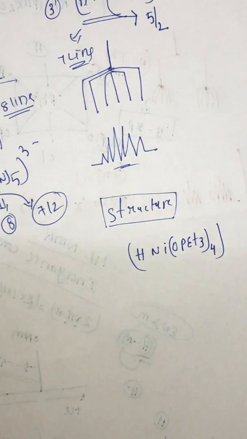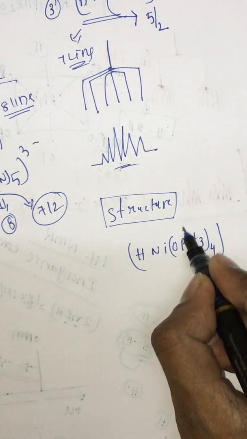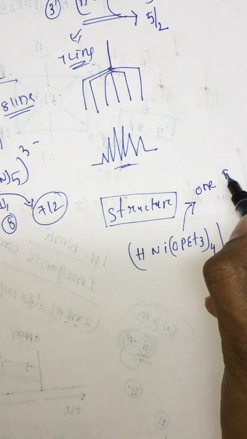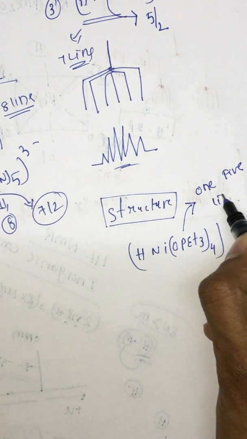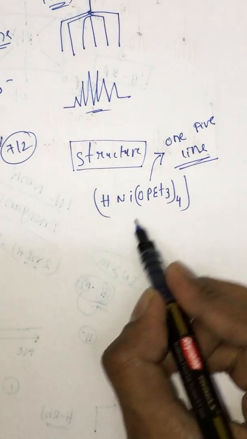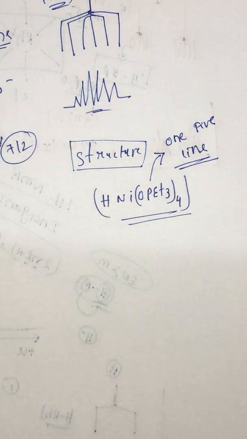So this is the complex. The NMR spectra of this complex gives one 5-line signal. So if we record NMR for this complex, we'll get a 5-line spectra.